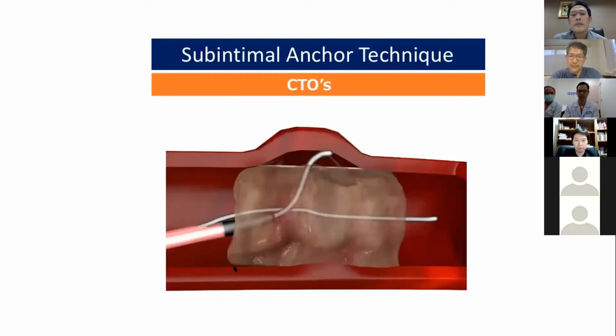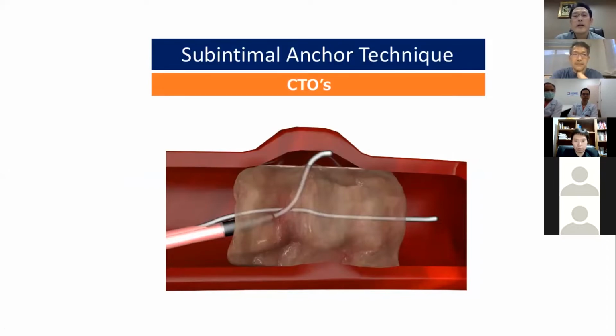And let me explain how to use the subintimal anchoring technique for the CTO region. Because the Sasuke has different ports, it is not exactly right to use the parallel wire technique with Sasuke, because the rapid exchange port does not give good enough support to control the guide wire.